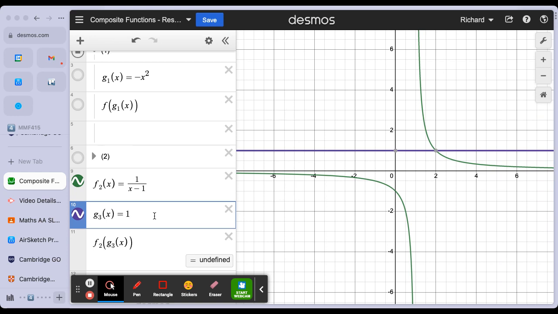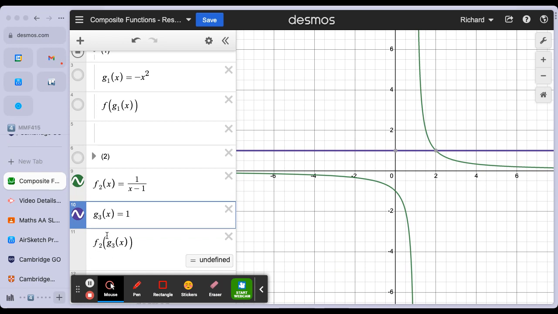That'd work. This function takes any real number in and outputs 1. That's that purple line there. The output of this function becomes the input of f, because that's how we've defined it. g3 of x is the output of the function g, and that output is then fed into f2 of x.